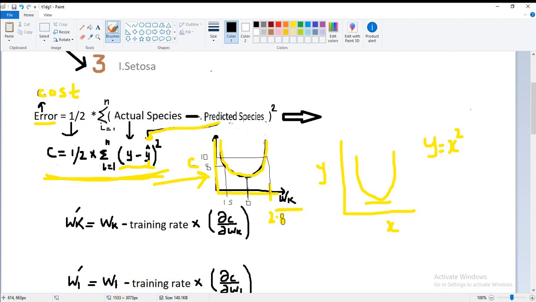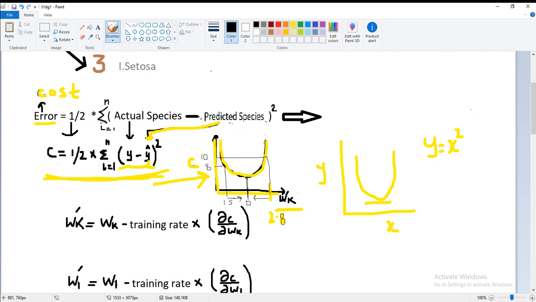So to decrease our cost, now we have to increase our weight. As you can see, the x-axis is increasing to the right, and we have to increase our weight to reach this point. And if we are at this point, and our weight is 2.8, we have to decrease the weight to reach this point.